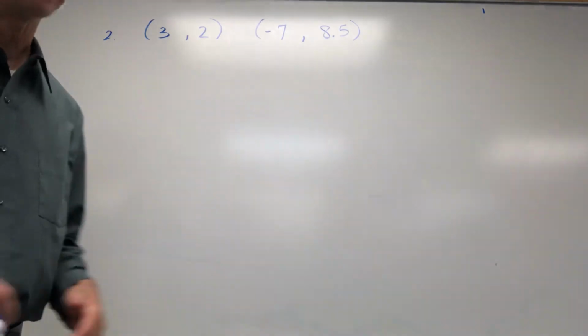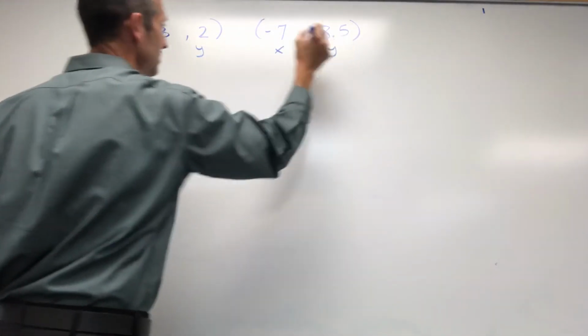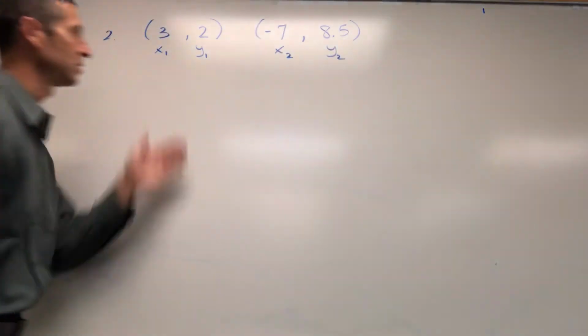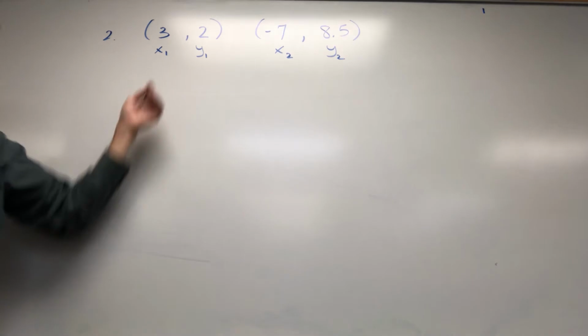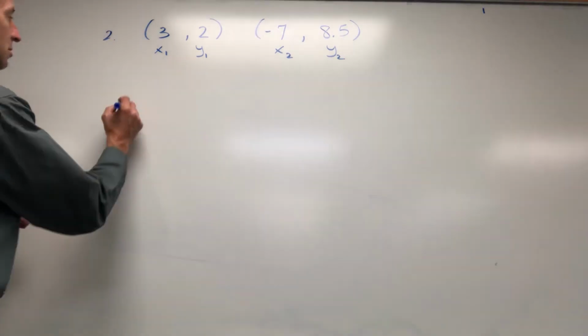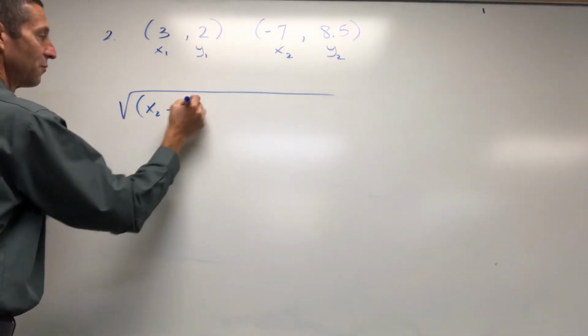Hey, you say just bring it on. Here's my first x, first y, second x, second y. Let's get everything organized. First ordered pair, x1, y1. Second ordered pair, x2, y2. Here's my giant square root. X's are first.